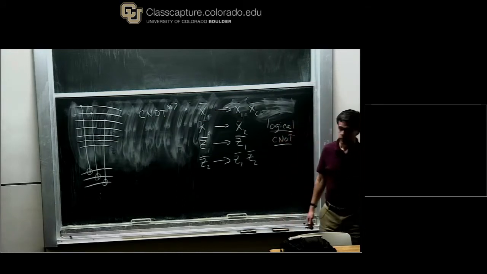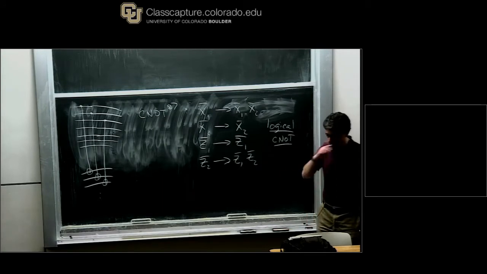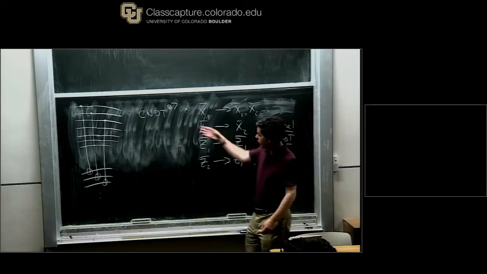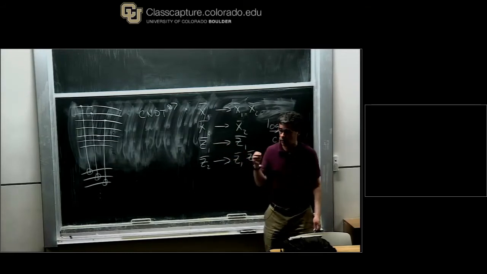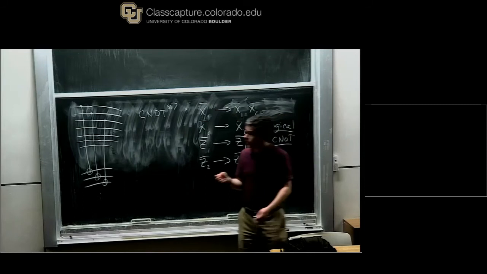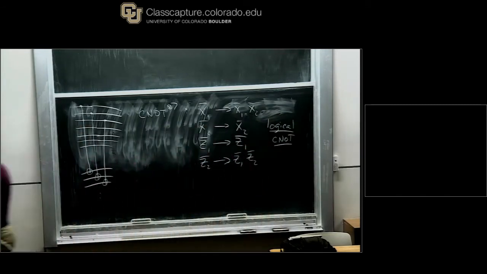Okay? So let me point out that in order for this to work, we didn't use properties specifically of the 7-qubit code. We used properties of CSS codes. Right? CSS codes all have this form where we have a bunch of X's up here and a bunch of Z's down here. And that's all I needed for that to be true.